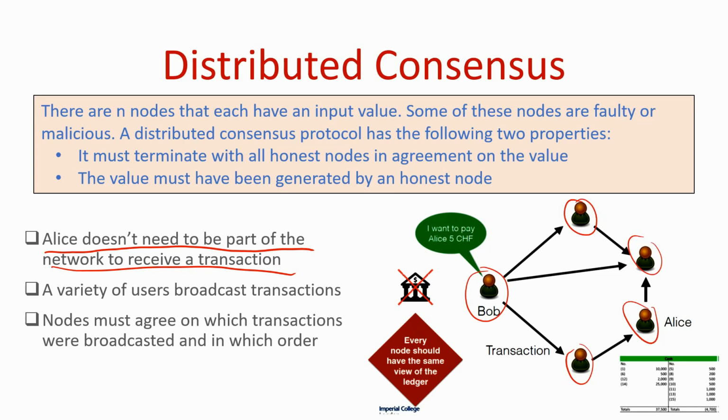Now, this transaction will reach the miners, or at least it will reach the miners over a period of time. Each miner will keep a log of the transactions that they receive. We will receive one transaction from Bob, one from John, one from Mike, and they will keep these transactions in a log, sort of like a buffer.